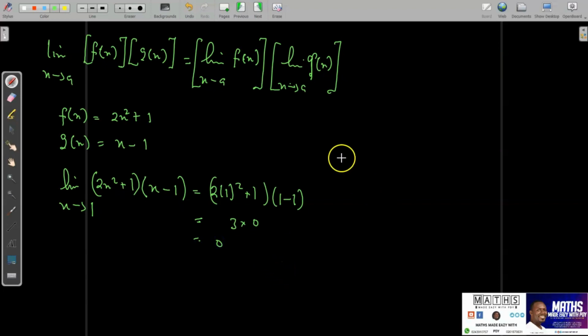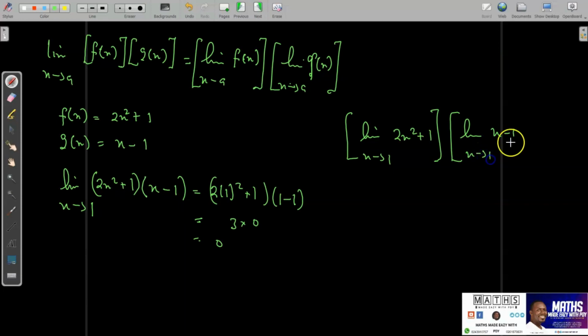So you can do it separately and say that if I have limit of 2x squared plus 1 as x approaches 1, this multiplying limit of x minus 1 as x approaches 1, directly we can substitute.